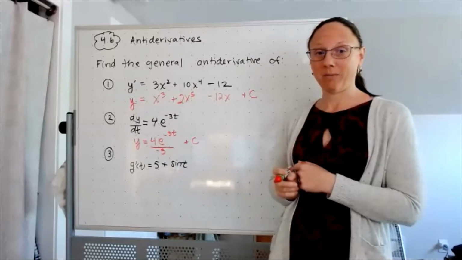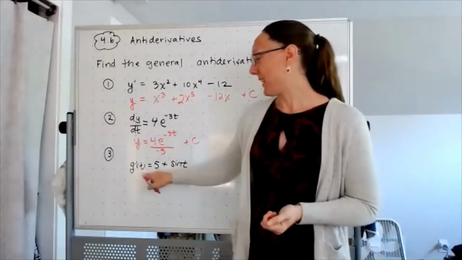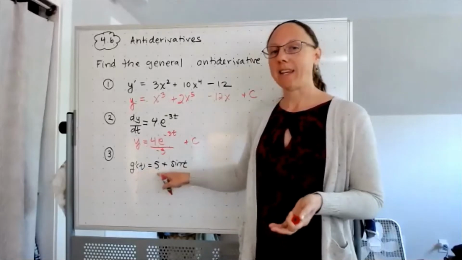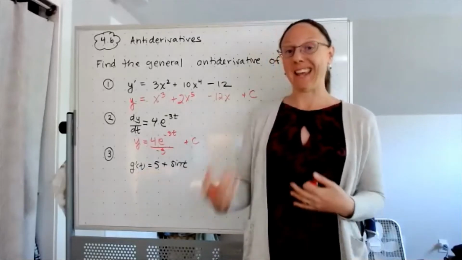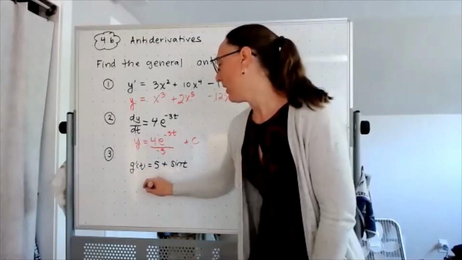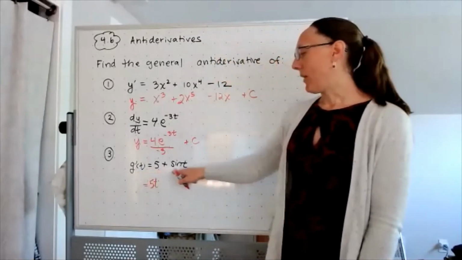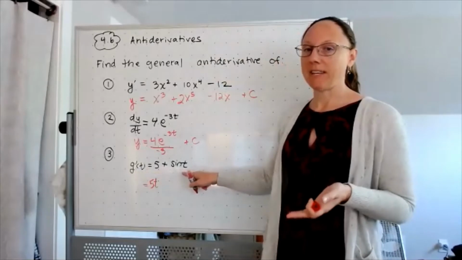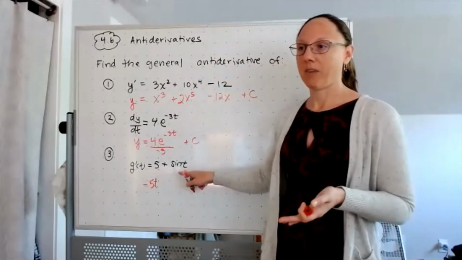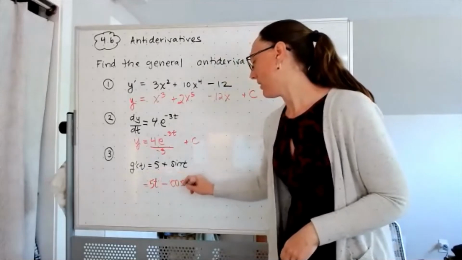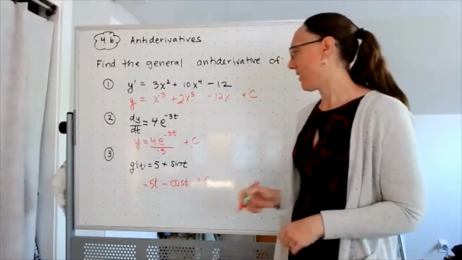On the bottom one, I'm going to pay attention that it told me that t is my variable. So when I integrate 5, or when I find the antiderivative of 5, that's going to become 5t. Now I need to know whose derivative is equal to positive sine. And that's going to end up being negative cosine plus c.